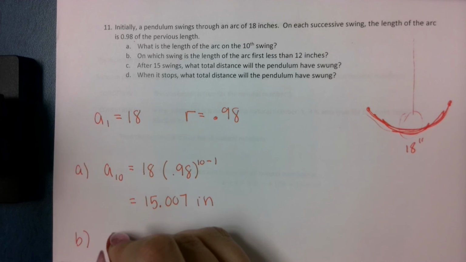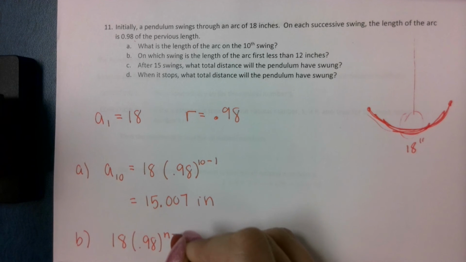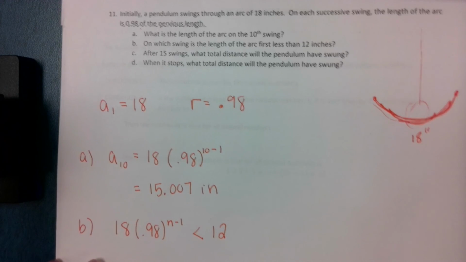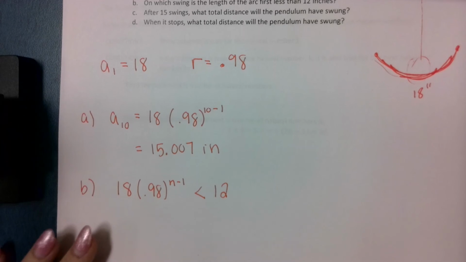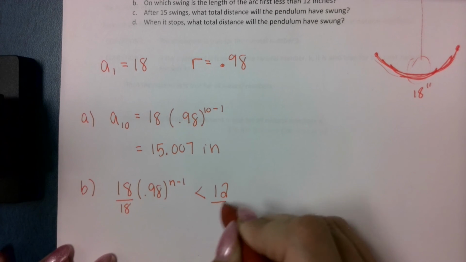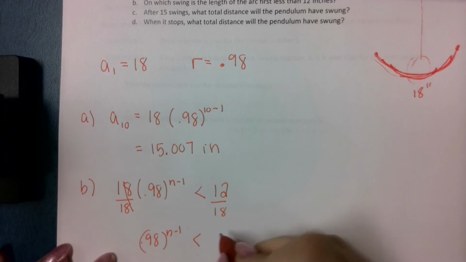So I want to know when is it going to be less than 12. So I'm going to have to take my nth term formula, 18 times 0.98 to the n minus 1. I want to know when is that going to be less than 12. When is that going to happen? So first thing we have to do, divide by 18 on each side. 0.98 to the n minus 1 is less than, when that simplifies, it's 2/3.